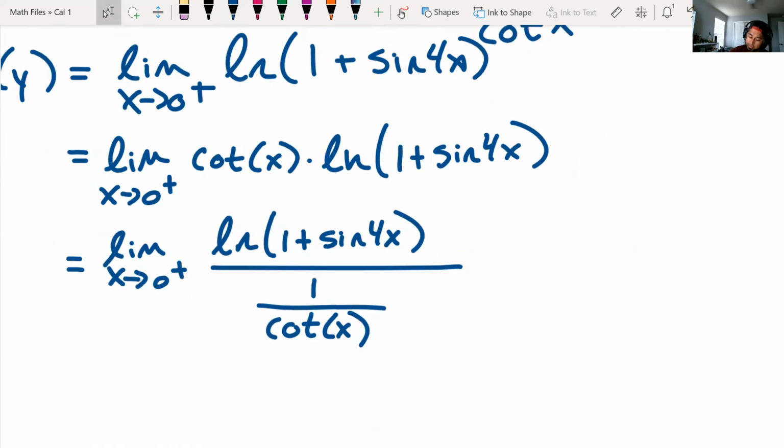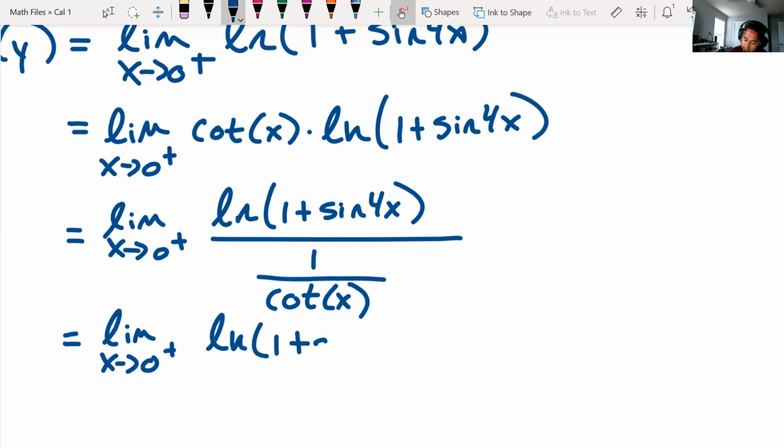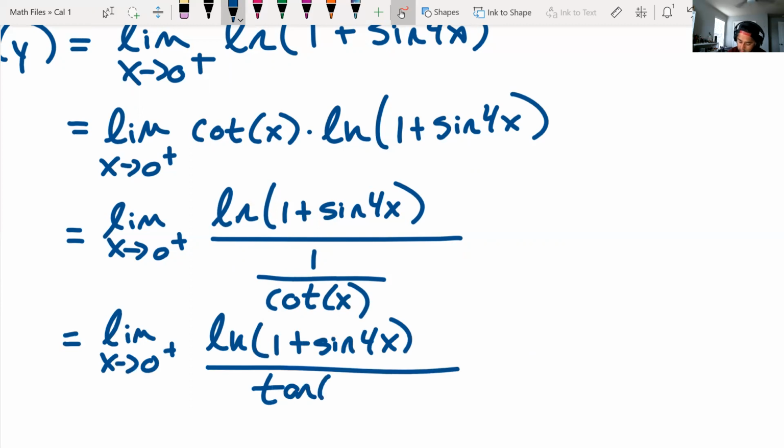Okay, but by trig identities, 1 over cotangent is just what? Tangent. So you get the natural log of 1 plus the sine of 4x all over tangent x.